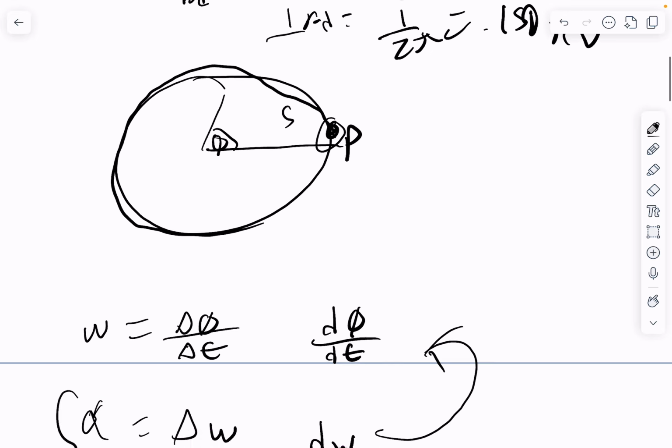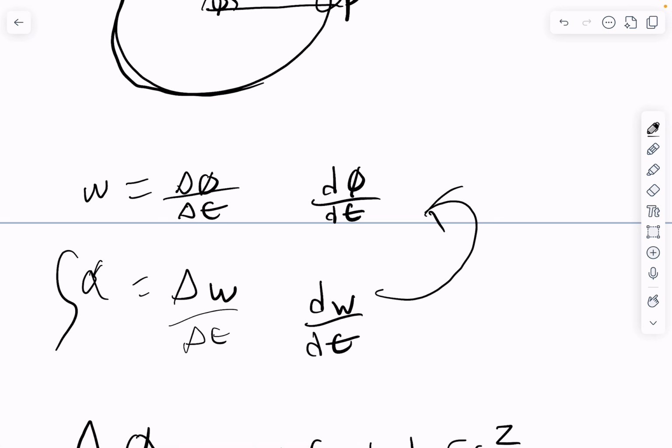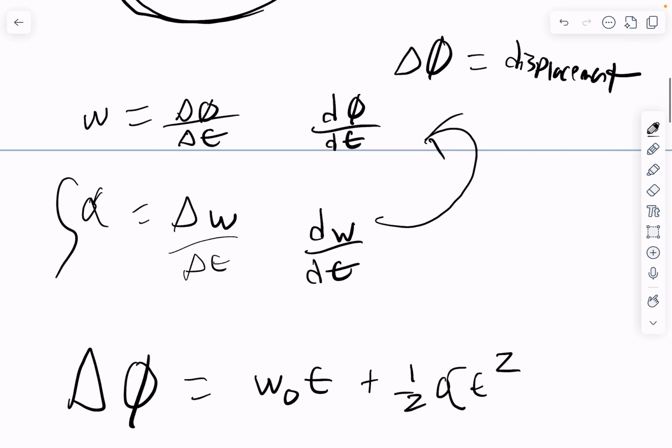The most important variables for kinematics, of course, are going to be velocity, acceleration, and displacement. We measure displacement in radians displaced, usually. So phi or delta phi is going to be our displacement. We know from regular kinematics that change in displacement over change in time is equal to velocity, or average velocity.